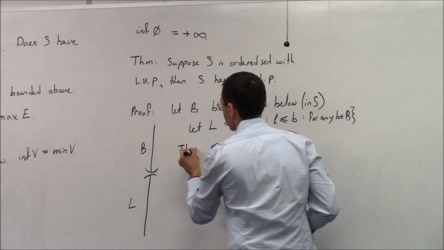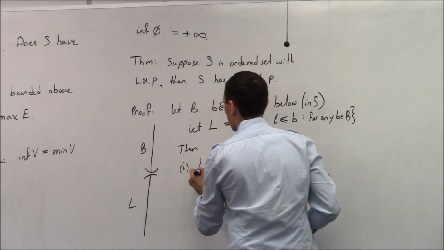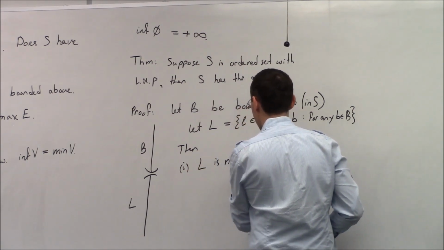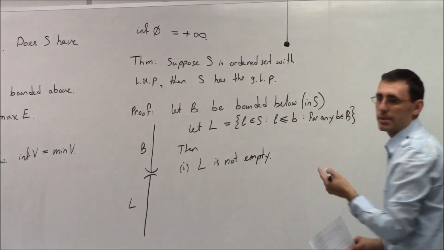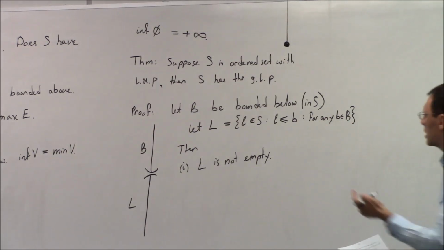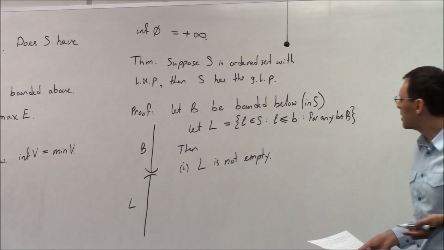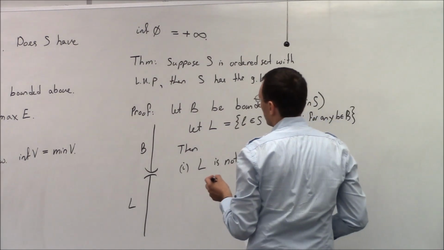Then L is not empty. That's by hypothesis. V is bounded below, so there's going to be at least one number that is smaller than anything that V has. L is not empty.